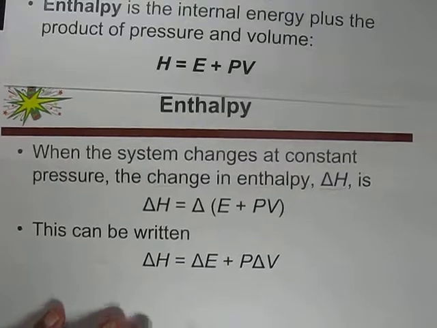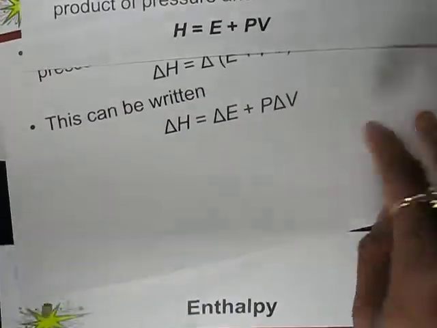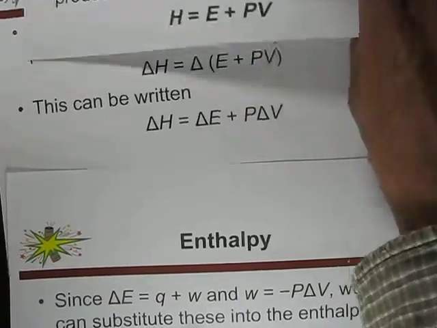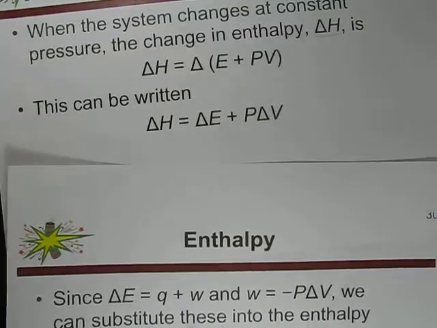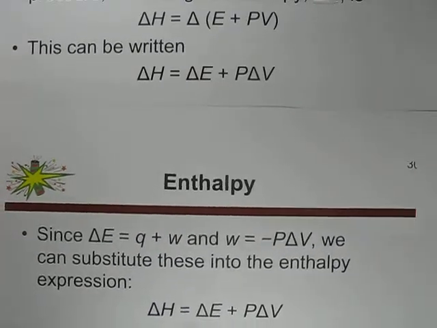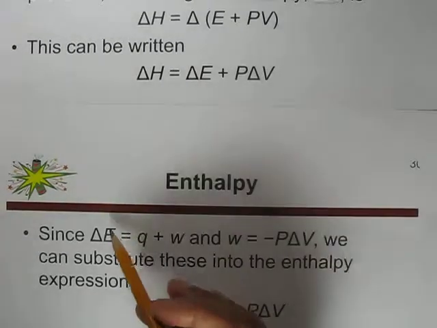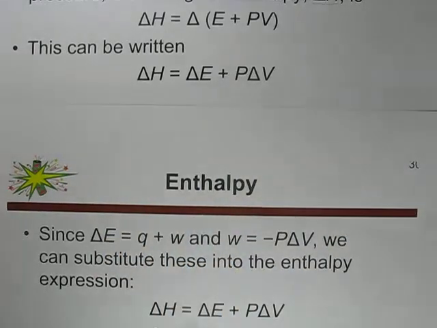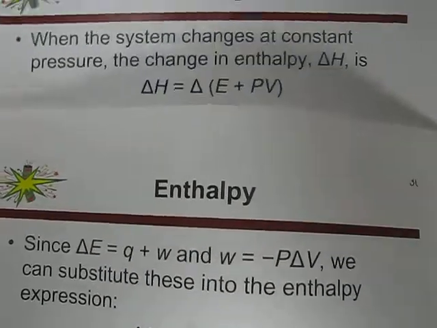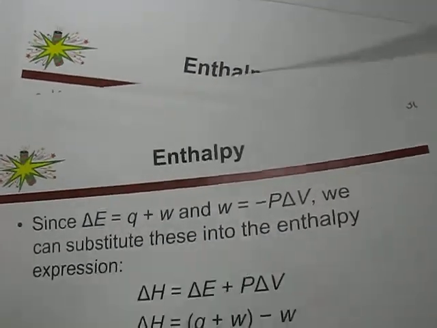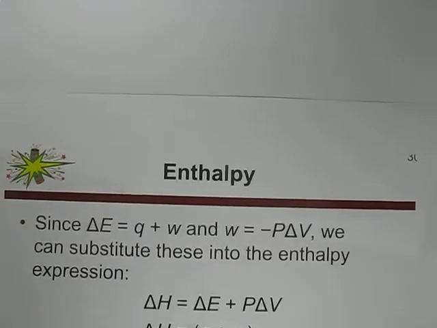If you remember, in previous slides we have seen that delta E, which is the total internal energy, is equal to Q plus W. Q means heat and W means work.